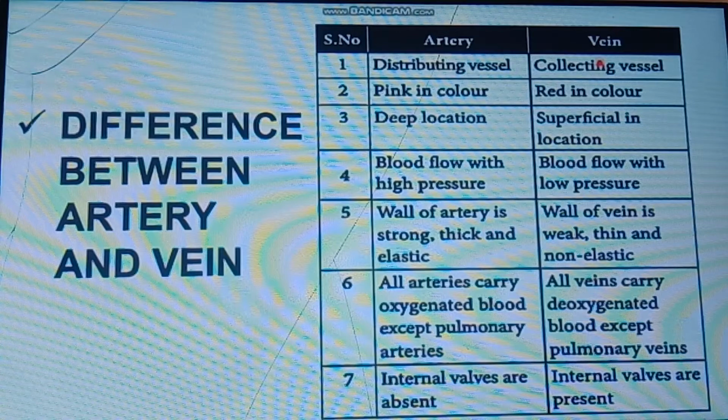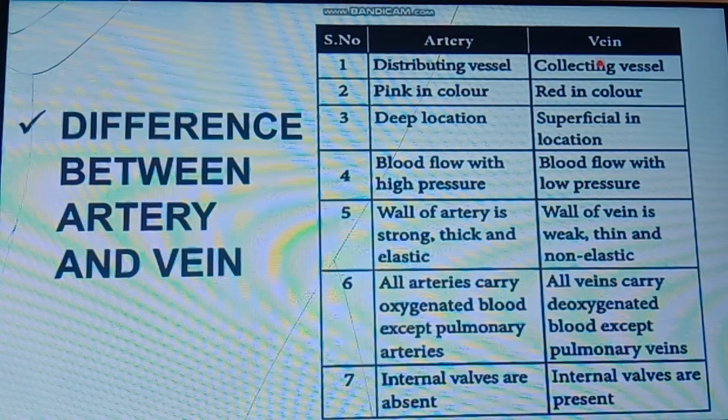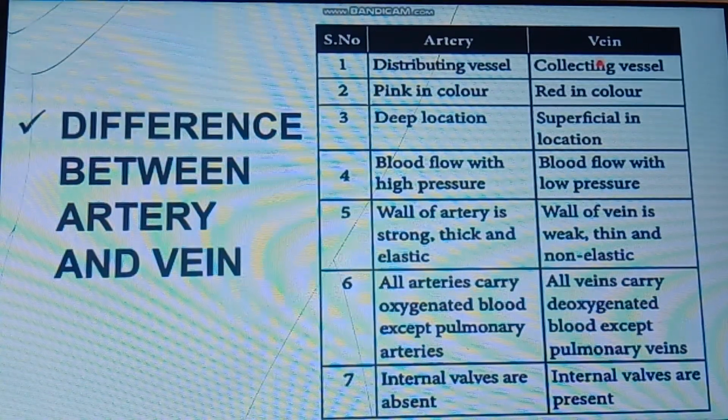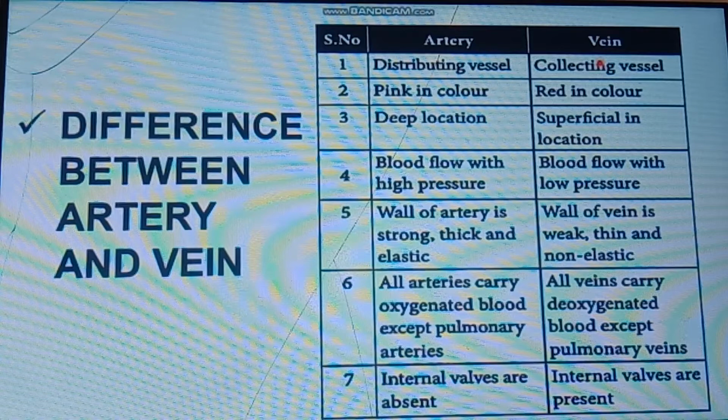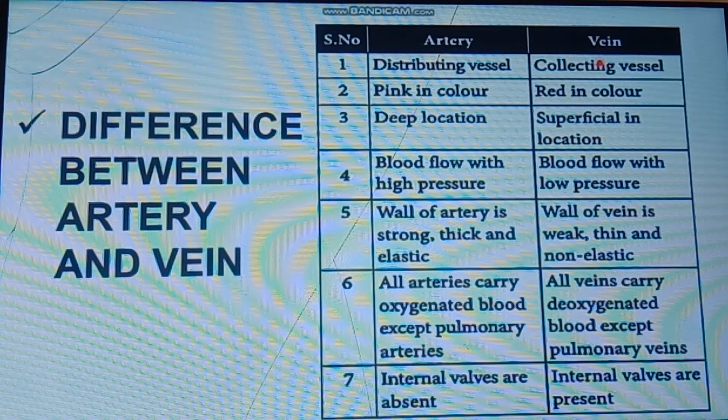Next, artery has a deep location, and veins a superficial location. Next, artery blood flows with high pressure, but in veins blood flows with low pressure. It's clear? High pressure and low pressure.